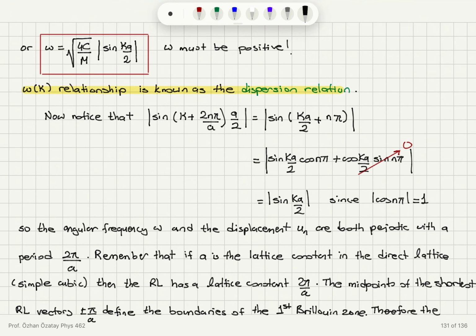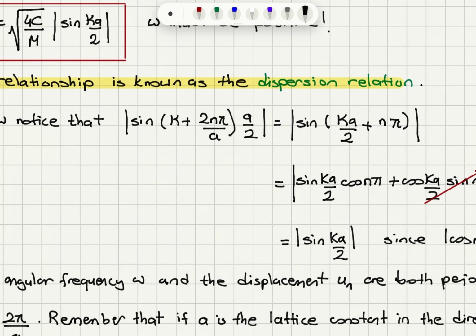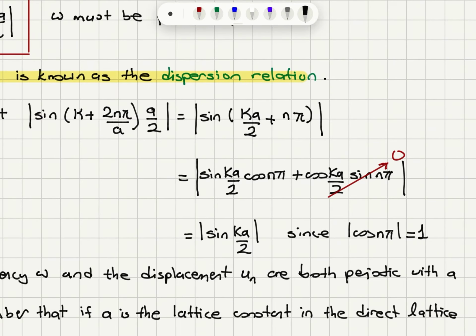Now, I noticed that for this function sine ka over 2, if I put here k plus 2n pi over a, I obtain sine of ka over 2 plus n pi, that will become sine ka over 2 cosine n pi plus cosine ka over 2 sine n pi.